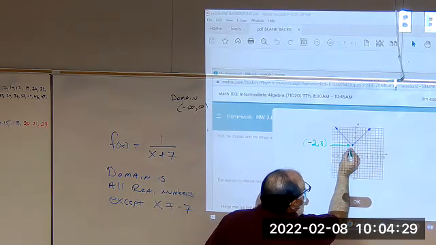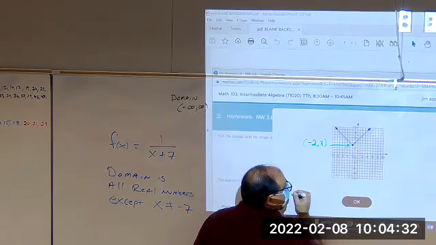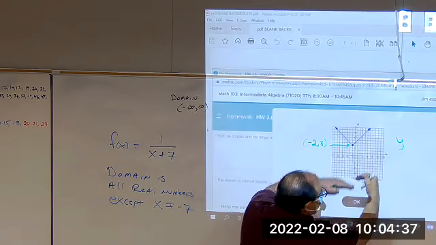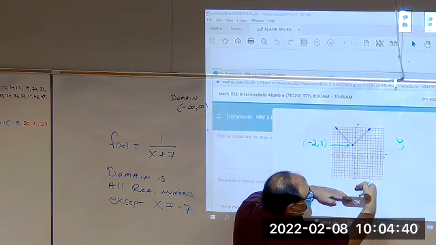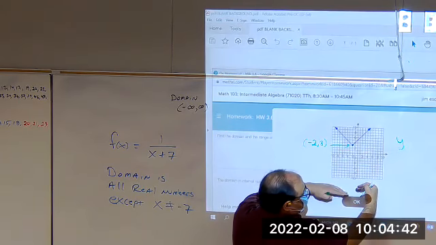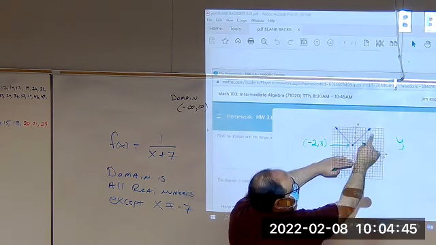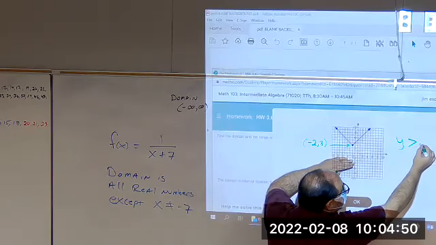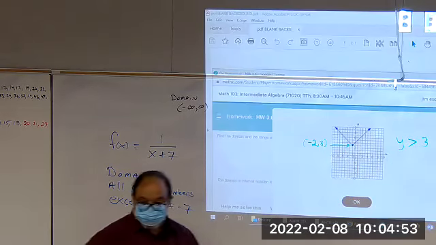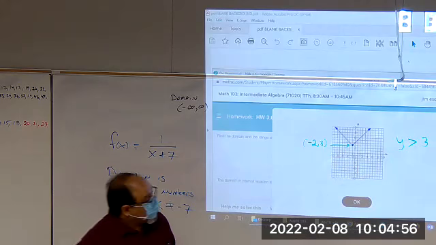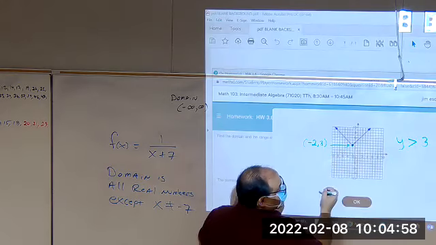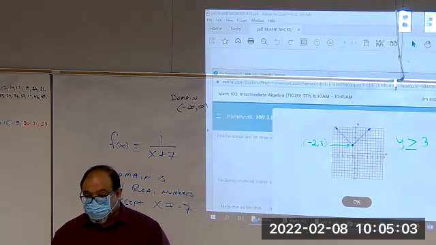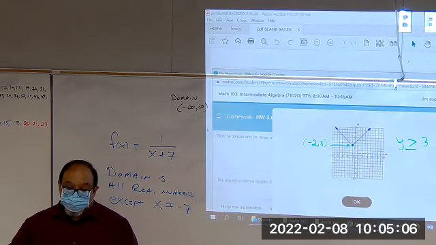That's where this point is right there. Now, the y's. Are there any y's below the 3? Does the graph come down here? No. All of the y's that come out of this graph are above the 3. They're bigger than the 3. All of the y's are greater than the 3. Okay? It's a solid circle, so it also equals the 3. Every single y is greater than or equal to that 3.